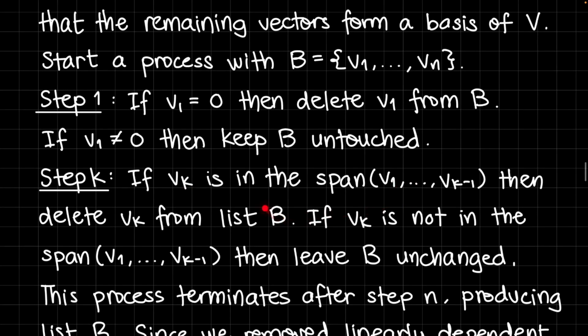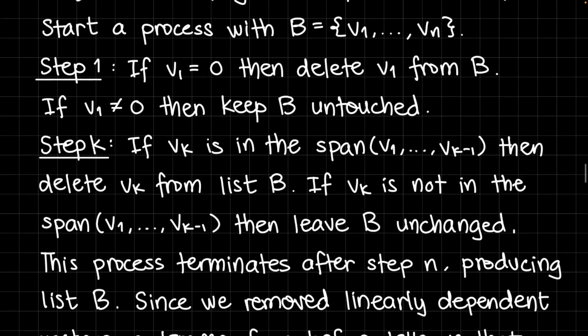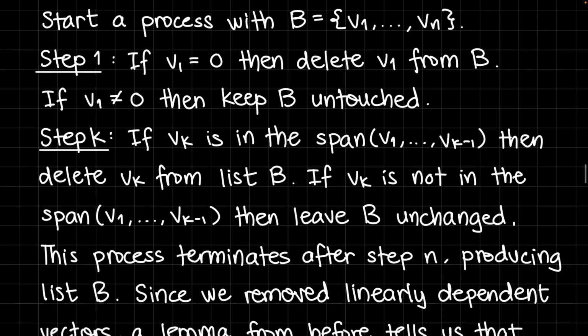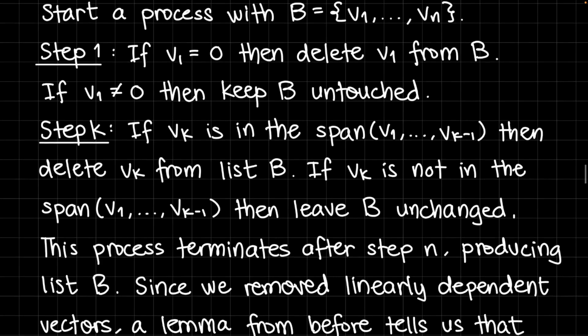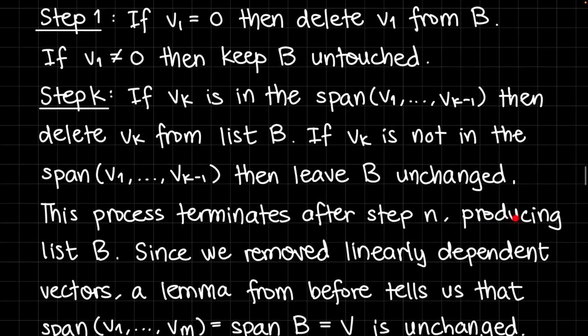So we can simply remove Vk from the list B. If Vk, however, is not in the span of the vectors before it on the left, then just leave B unchanged. That's the simple step. So we do this from 1 to n. This process terminates after step n because we reach the end of the list, and this produces a list B.